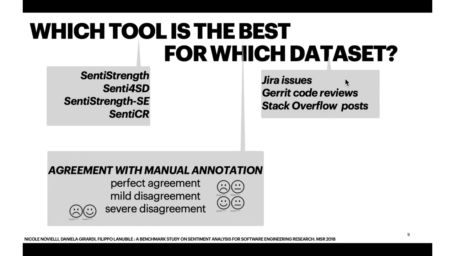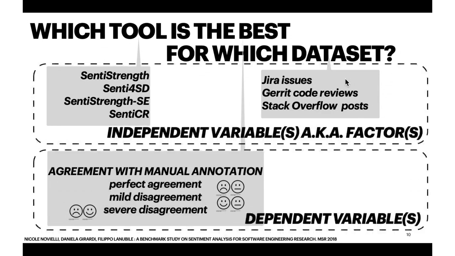So in this story, we already see two important elements of a controlled experiment. First of all, we have independent variables, also known as factors, which we can see as an input. Those are the variables which the experimenter can change.